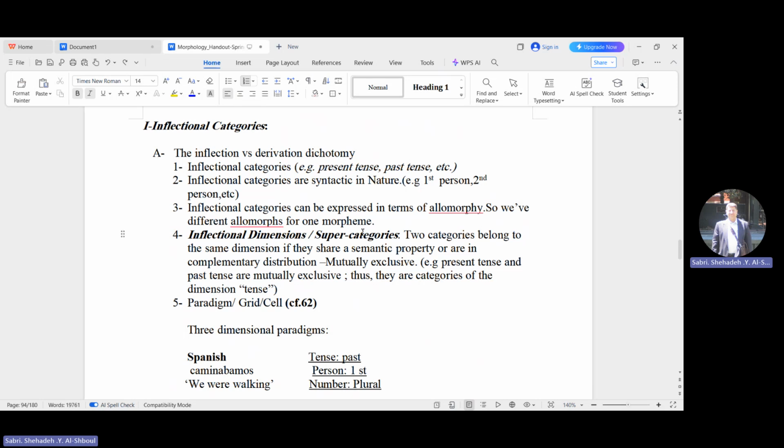But when we produce the s in three different contexts, we find that sometimes it is s as in cats, sometimes it is iz as in churches, and sometimes it is z as in dogs. So we notice that the inflectional marker is expressed via allomorphy, because these are allomorphs of the morpheme s, which is the abstract number marker.